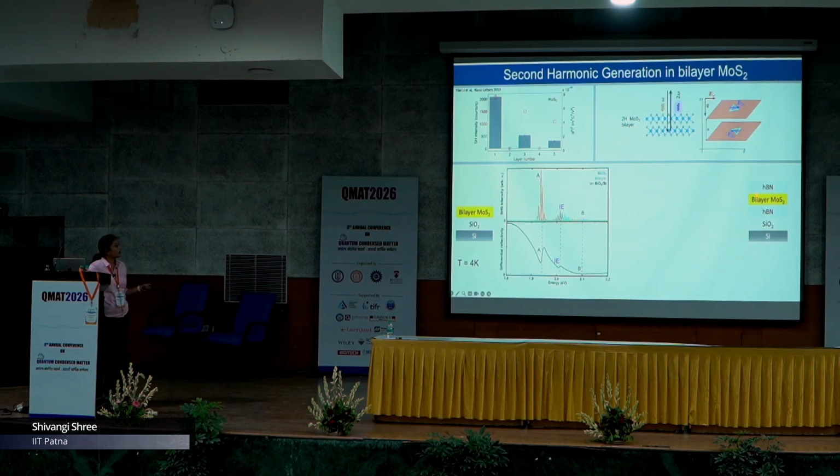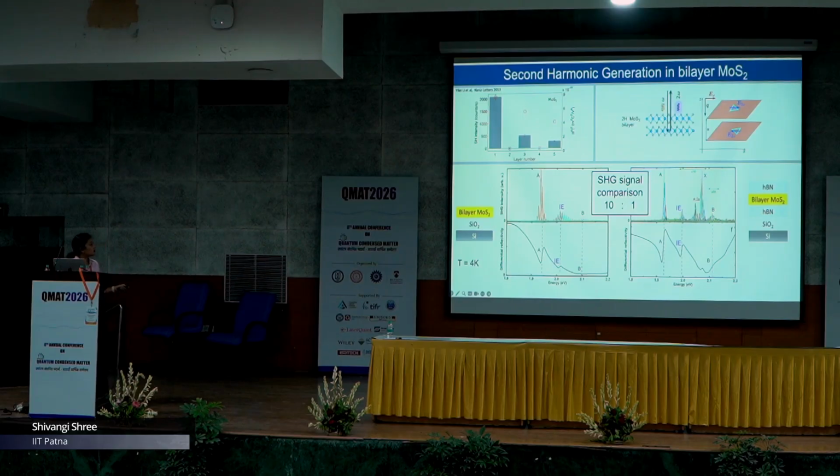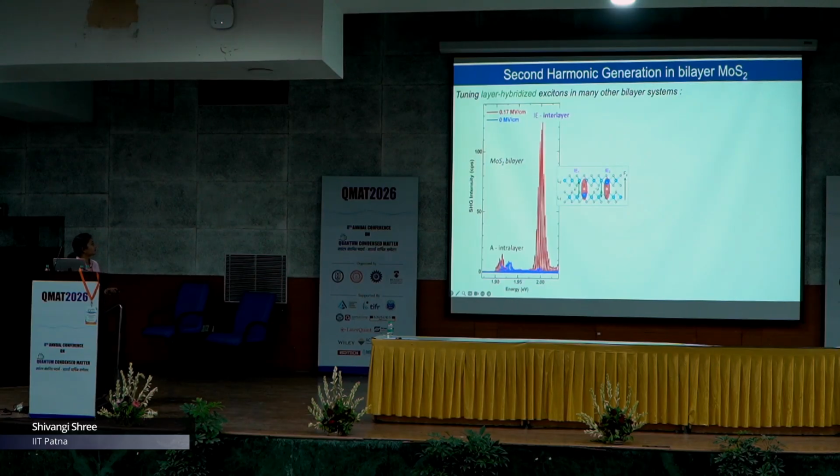So, again I put hBN encapsulation on top and bottom. This expectation was true. Actually, we see some decrease in the intensity, but there is still measurable SHG signal, and from here you can see different excitonic resonances taken in SHG.